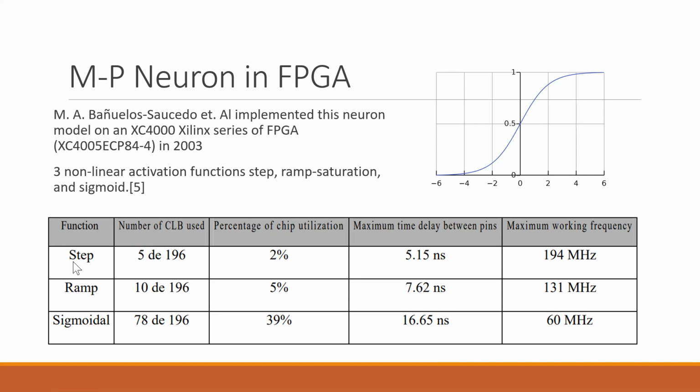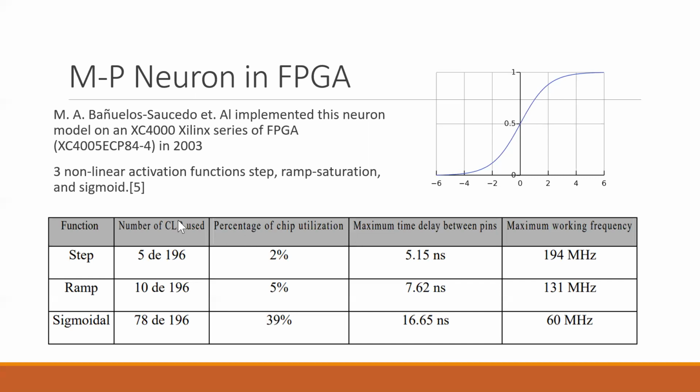The step and ramp are both linear activation functions. The sigmoidal is a non-linear activation function that actually relies on exponentials and is quite complicated. So a step and ramp function, you can imagine how they would appear on a graph, but a sigmoidal looks sort of like here. I've added an image of a MATLAB plot of a sigmoidal activation function.